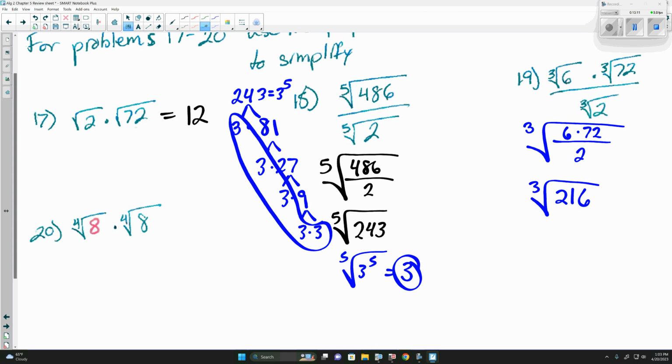And again, we could try taking the cube root of 216 in the calculator, and it gives us 6. If it didn't and gave us an ugly decimal, we would do the same factor tree, work it all the way down, just like we did with 243, and we would get 2 and 3, because it would work out that this is 2 cubed times 3 cubed, and the cube root of it is 2 times 3, which is 6. Questions on this here?